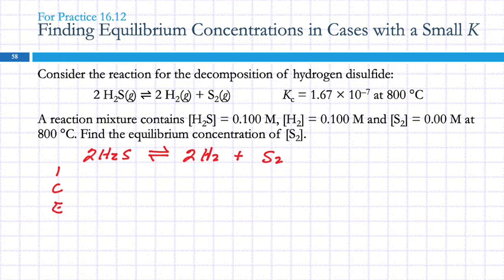So I'm using my chemical equation as the header for my ICE table, and then I'm going to write down the initial concentration. So H2S was 0.100 molar, and H2 was 0.1 molar, and S2 was 0.